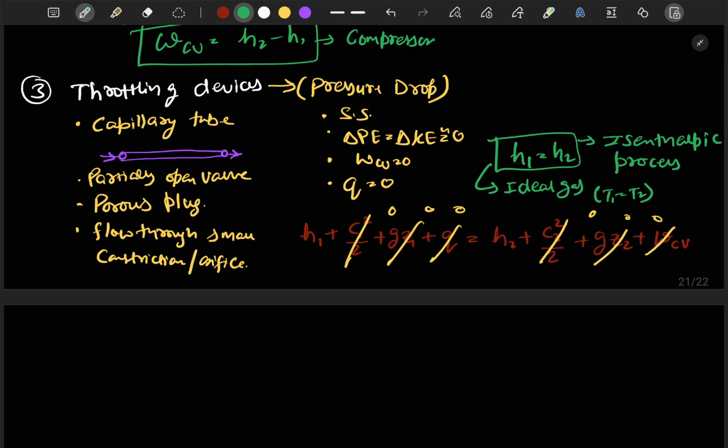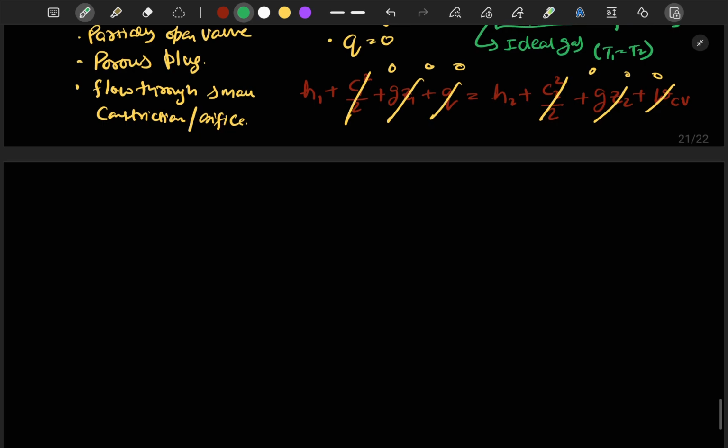Okay. Now there are some properties of this throttling process. The first property which we can mention is isenthalpic.